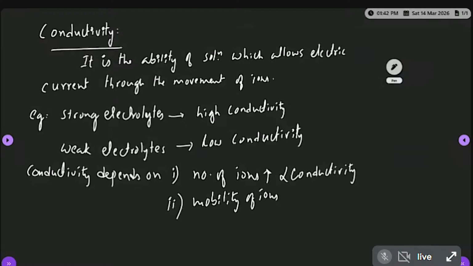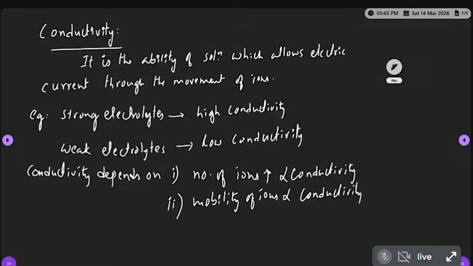If the velocity of ions increases, the conductivity also increases. They are moving fast, so they transfer current very fast.